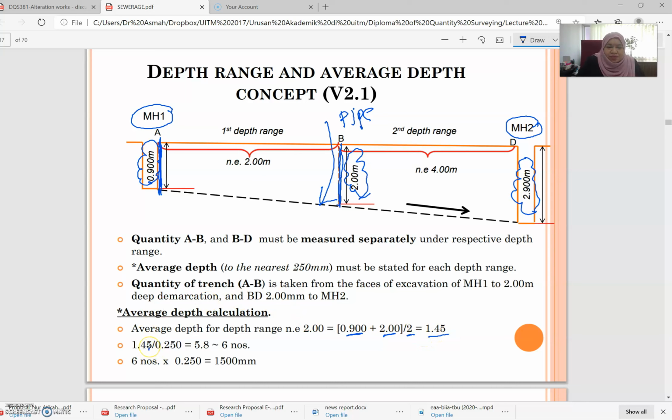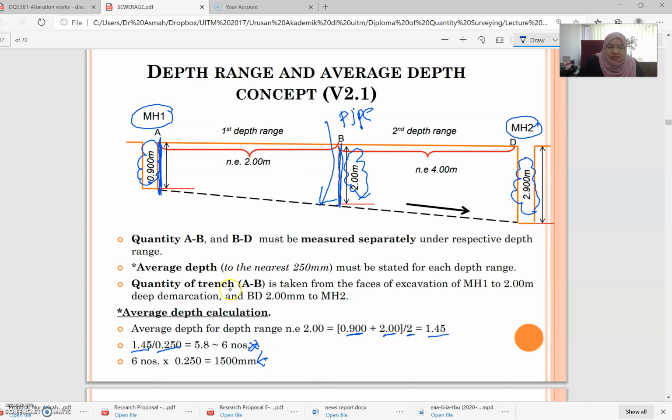You divide 1.45 by the average depth 0.25, and then you get 5.8, or we take it as 6 numbers here. So 6 numbers times 0.5, so the average depth will be 1.5 meter.